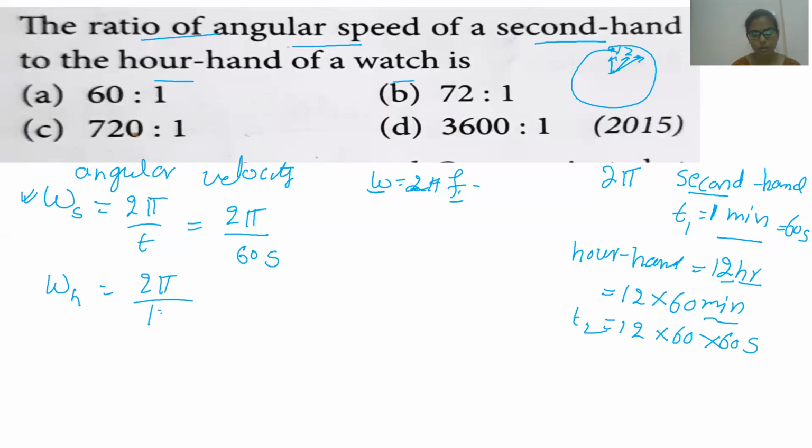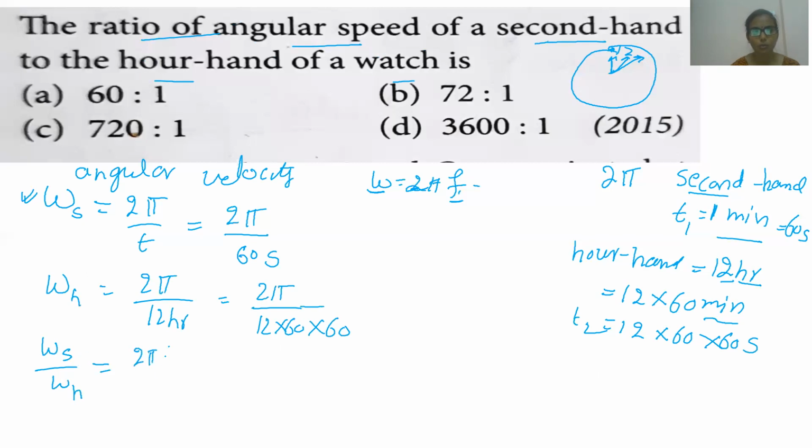It is nothing but 12 hours it will take. So 12 hours, again we write 2 pi divided by 12 into 60 minutes into 60 seconds. So what they are asking: find the ratio of the second hand to the hour hand. So take the ratio omega S by omega H.